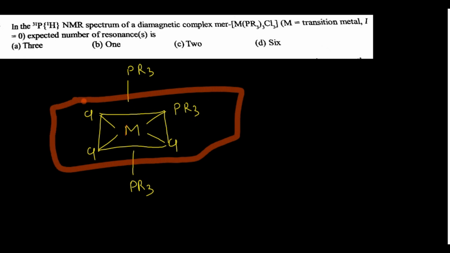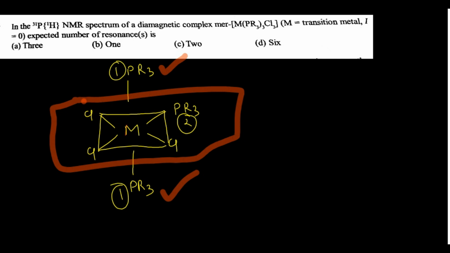Just like that. This is basically the plane of symmetry, which renders these two PR3s the same. When these two PR3s are the same, it simply means you can mark this phosphorus as 1, this phosphorus as 1, and then this phosphorus as 2. So in total you have two kinds of phosphorus.